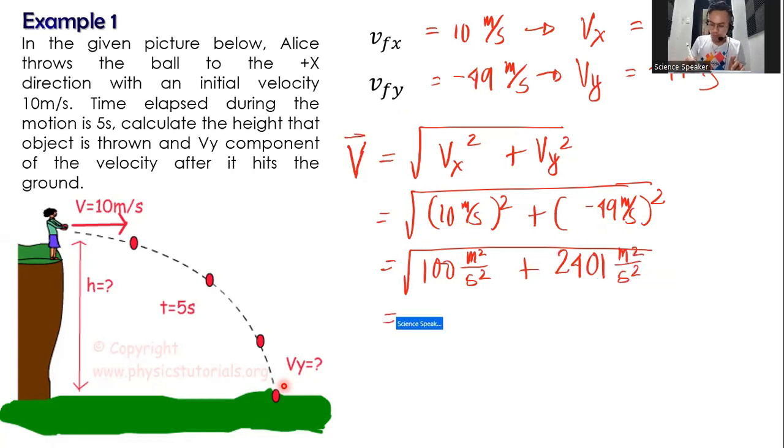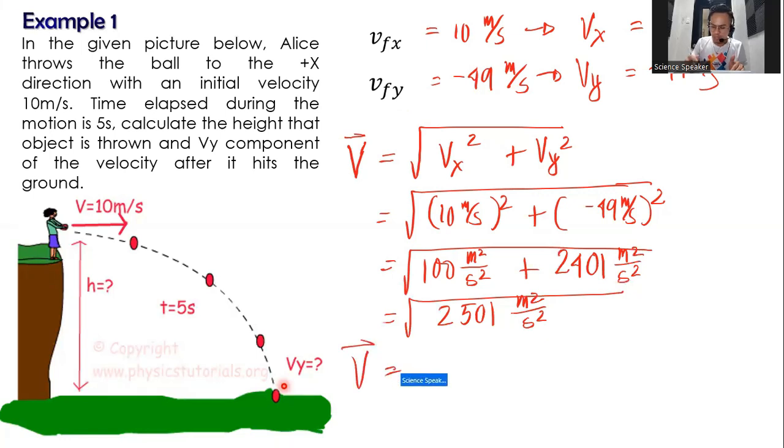If you add them, 100 plus 2,401, you will have 2,501 meters squared per second squared. So you simply get the square root of 2,501.